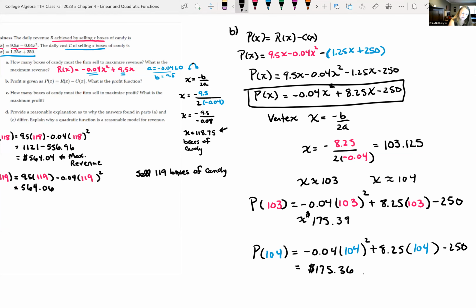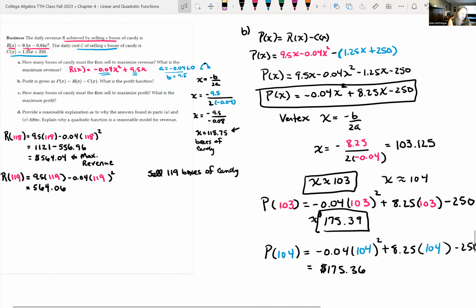So maximum profit is going to occur when we sell 103 boxes. And the profit that we're going to get back is $175.39.